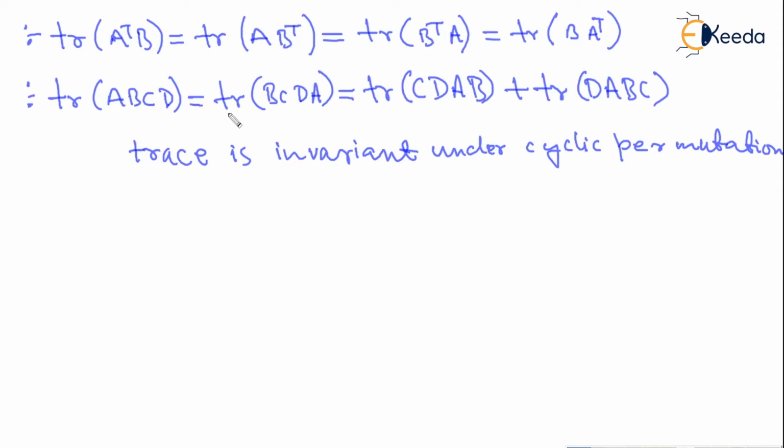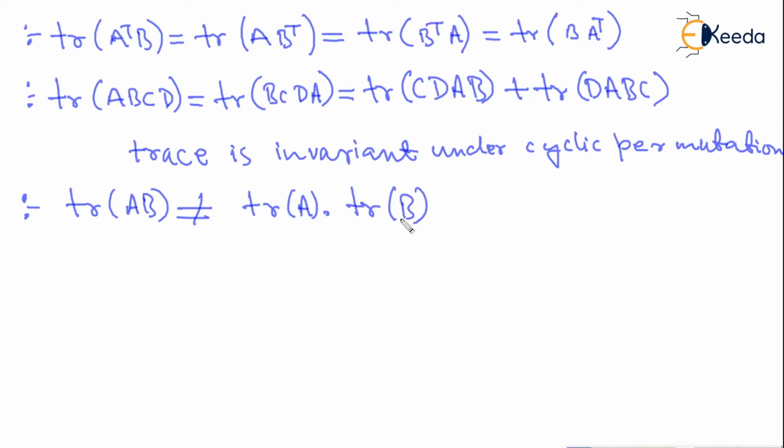ABCD, BCDA, CDAB, and DABC are all in the same cycle. And trace of AB is not equal to trace of A into trace of B. Won't be required, but we should know this, right?